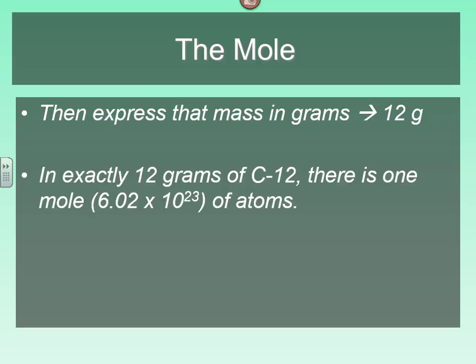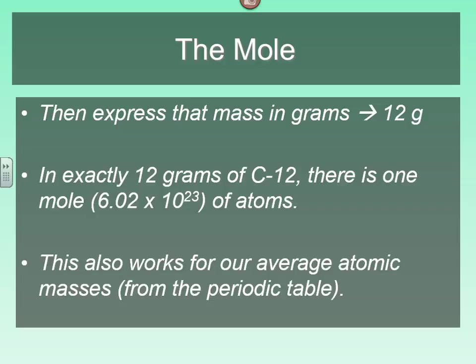So if you could weigh out 12 grams of carbon-12, you would be holding a mole of atoms. I don't have any pure carbon-12 for you, but this also works for our average atomic masses from the periodic table. So I have some elements here to pass around, so you can actually hold a mole of atoms in your hand. You can see how much it weighs and what size it is.